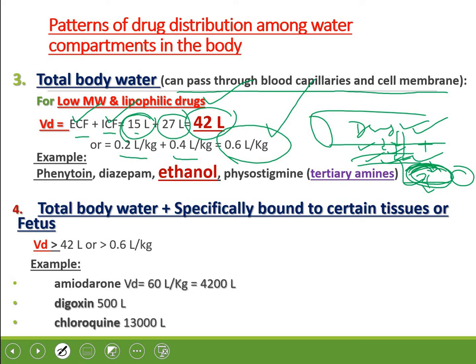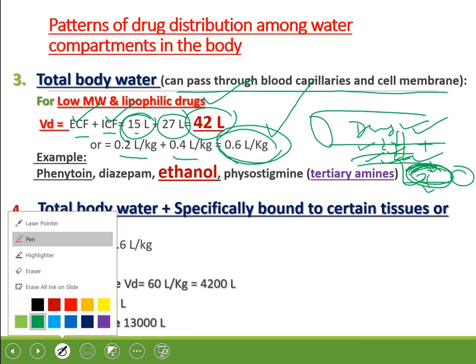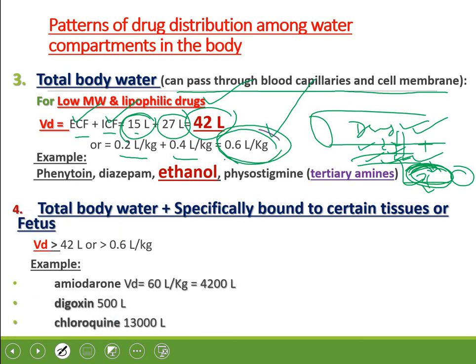And if this value, the volume of distribution, is greater than 0.6 liter per kg, it means more volume of distribution is required, and it is the amount of volume which does not exist inside the human body but is required. It means it is the apparent volume.